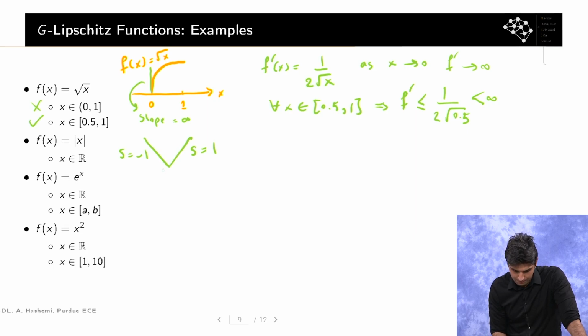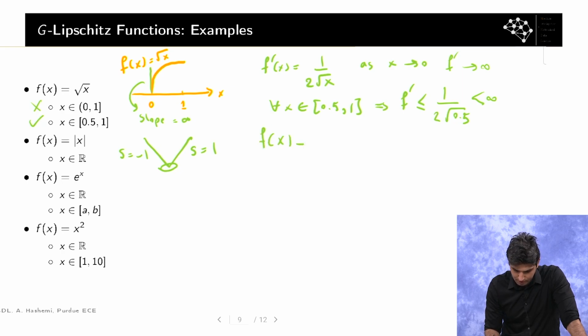So here I want to point out that the function is not differentiable, but that's okay. So for almost all points in R, the slope is bounded. Therefore, the function is actually Lipschitz, right? And again, you can also show it mathematically. So what's the definition?